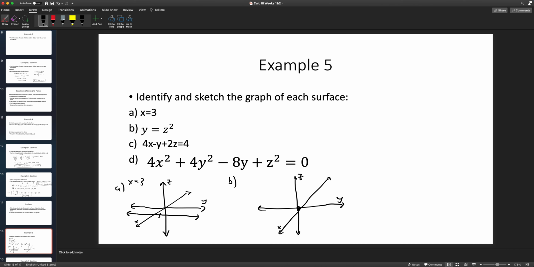Now, if you want to get a couple coordinate pairs, you could certainly do that. When z is 1, y is 1, for example. When z is negative 1, y is 1. So you can kind of see what this is going to look like. When z is 2, y is 4.